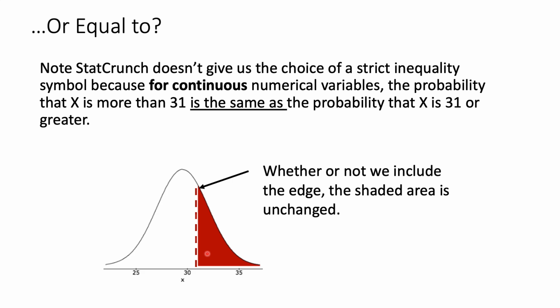Okay, so whether or not we include that endpoint, the shaded area is unchanged. So in this case, the probability that x is greater than 31 is the same as the probability of x being greater than or equal to 31. Now that is only true for continuous numerical variables. If your variable is discrete, that's not going to be true.